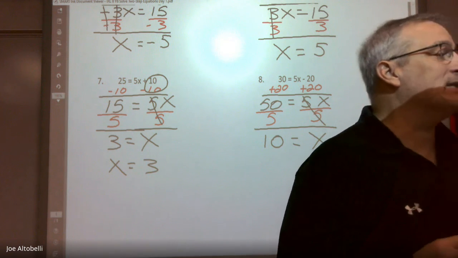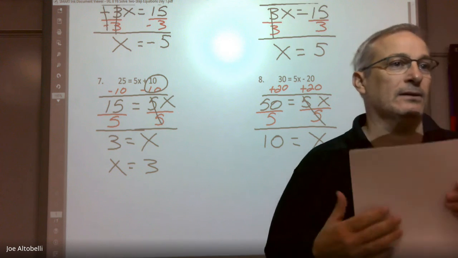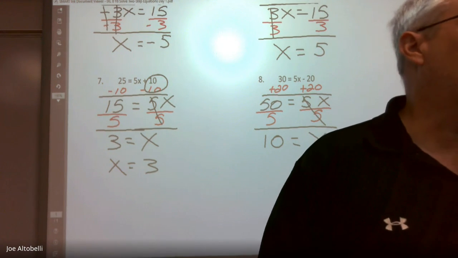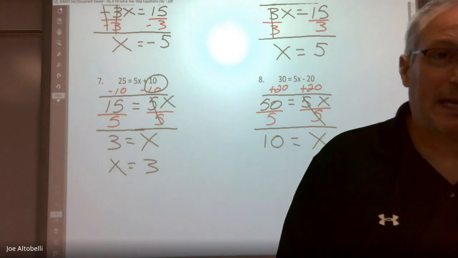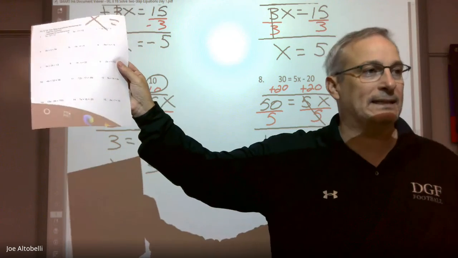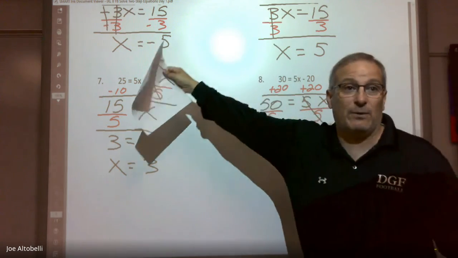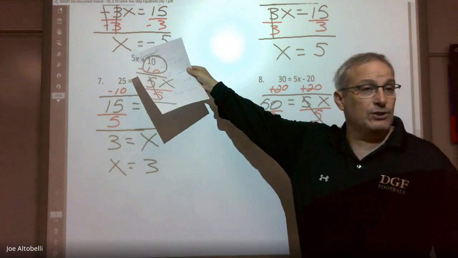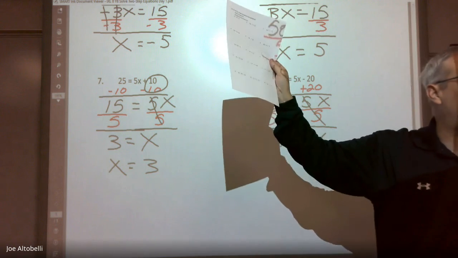So all I did is reformatted it so I could fit 3 more problems on there. But don't do your assignment on there. I want you to do your assignment on here, unless you already did it on there. But I want you to do your assignment on here, showing your steps, just like we did here. Okay? Showing your steps.